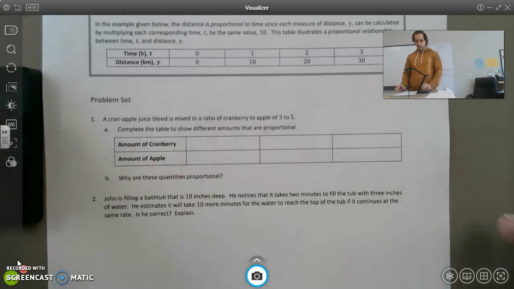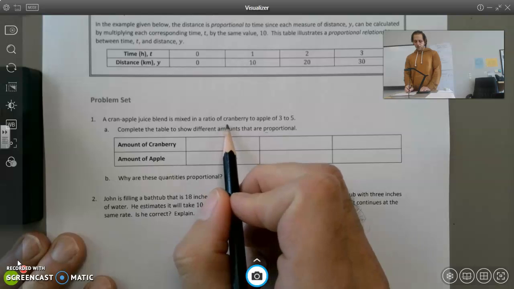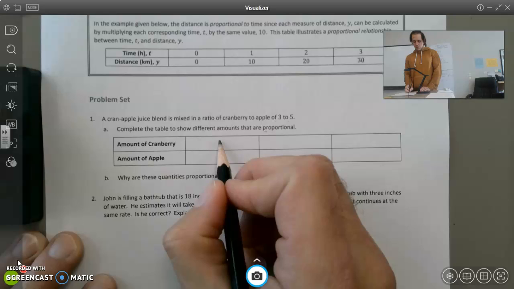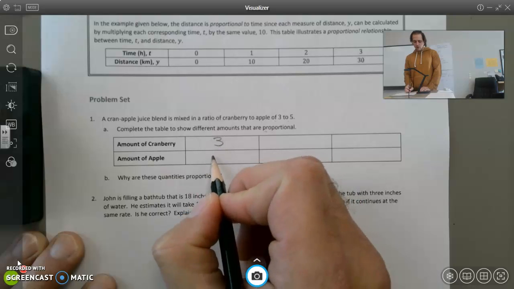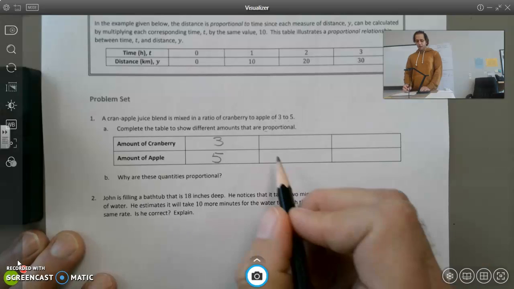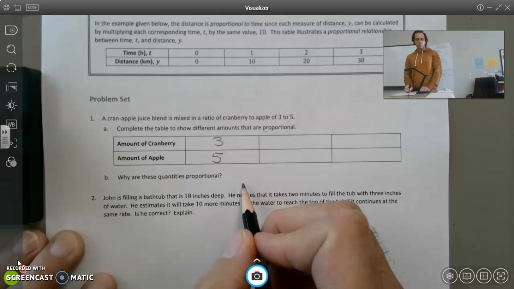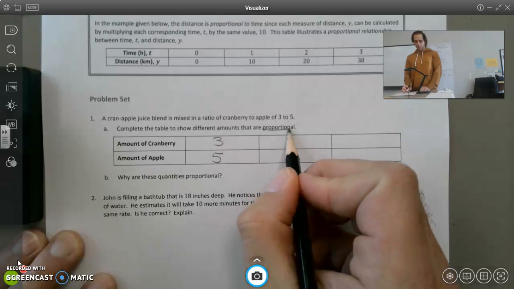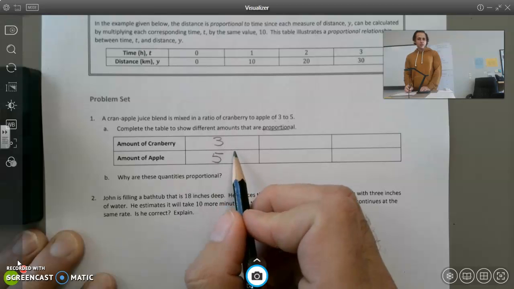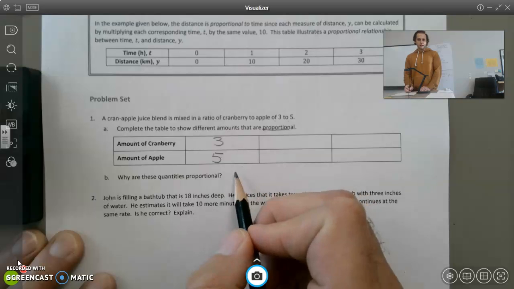So question number 1 asks about a cranberry juice blend that is mixed in a ratio of cranberry to apple of 3 to 5. So 3 parts cranberry, 5 parts apple. If I was to complete this table, assuming that they are proportional as it tells us here, I would actually use a scaling up method right now. I would not look for the constant yet.